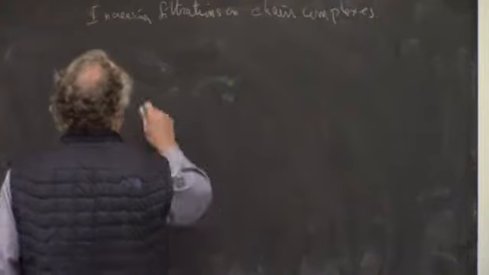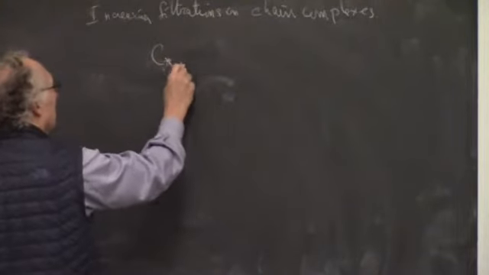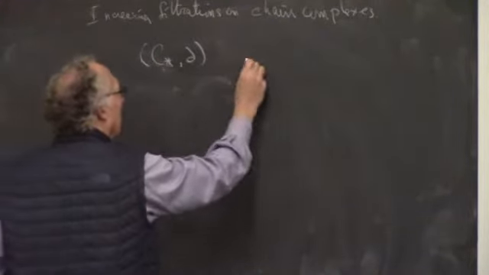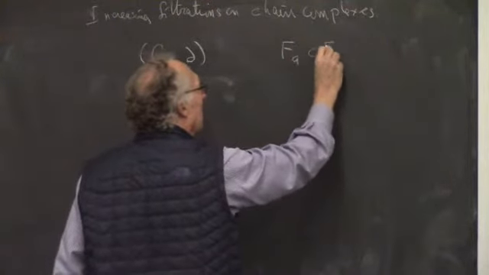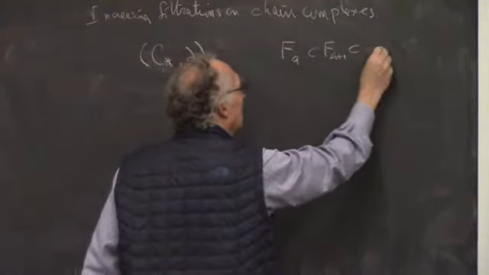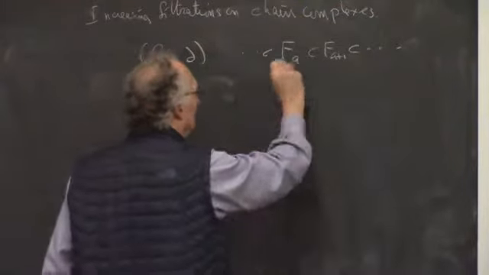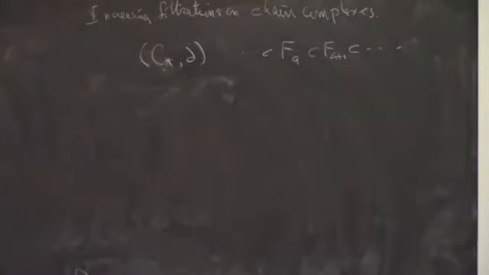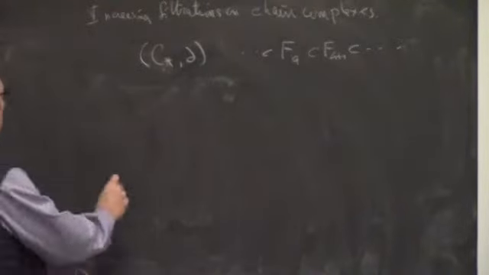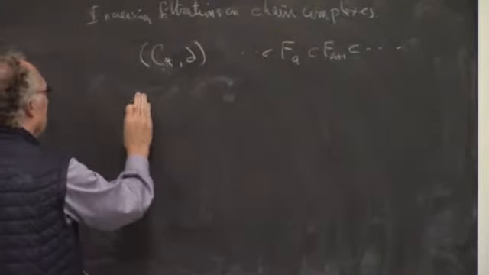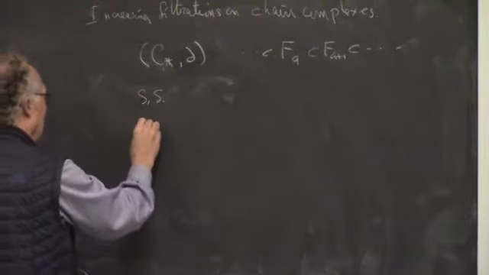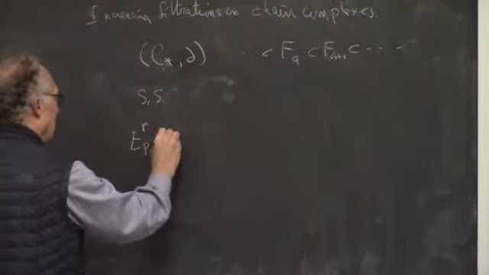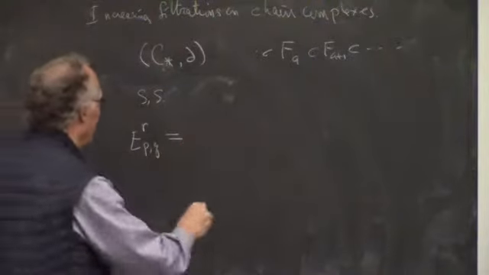So we have a chain complex with a boundary map, and we have an increasing filtration. That's F_p A including in F_{p+1} A, and so on. Again, same sort of finiteness assumptions. Then there's a spectral sequence, a homology spectral sequence. Its term E^r_{p,q} will look very similar to what we have over here.